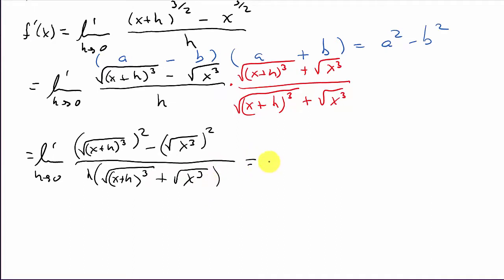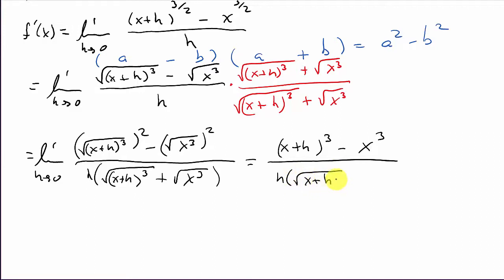Alright, so that gives us, that's going to be x plus h cubed. So we square the square root, we get just what's underneath the square root, minus x cubed over h times the square root of x plus h cubed plus the square root of x cubed.